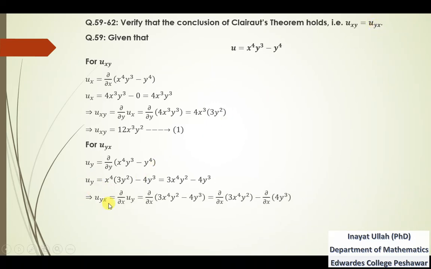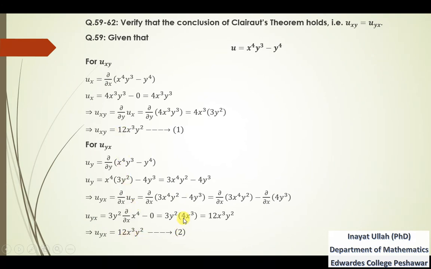Here the sum-difference rule applies, and the derivative of the first term with respect to x, 3y square is kept constant, and the derivative of x4 is 4x cube. The y4 term has no x, so its derivative with respect to x is 0. So 3 fours are 12, y square x cube, so that is uyx, 12x cube y square, that is equation 2.